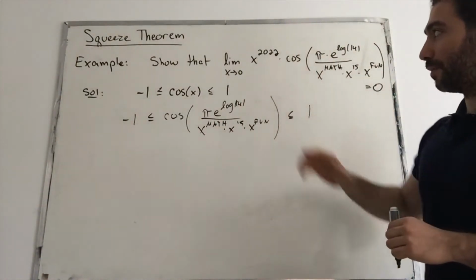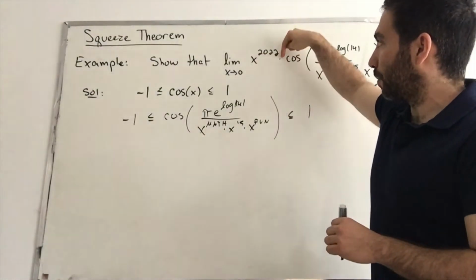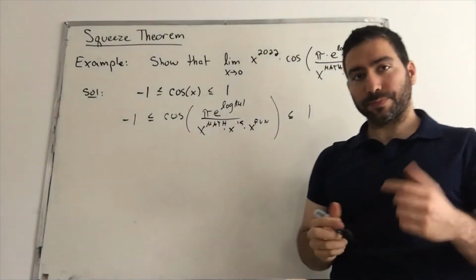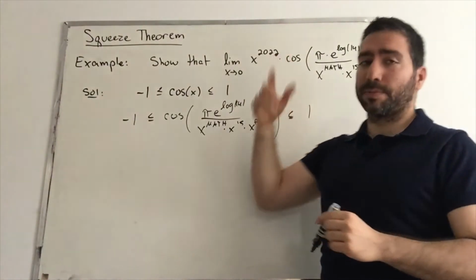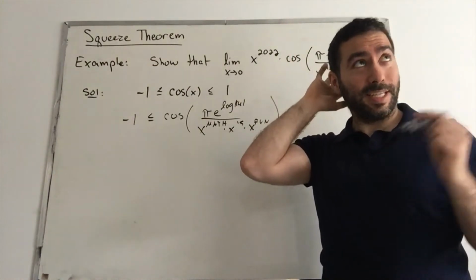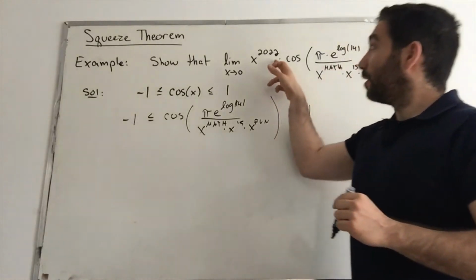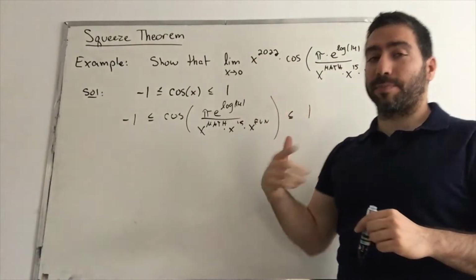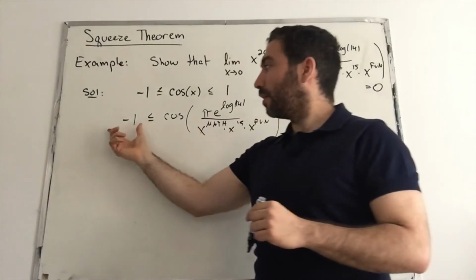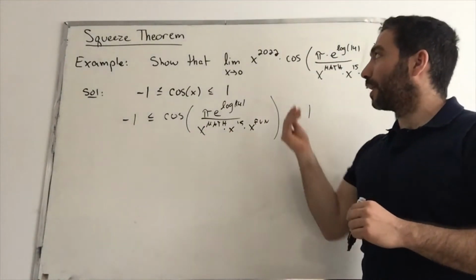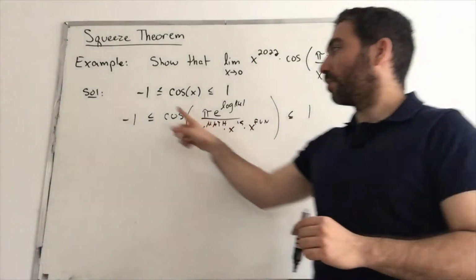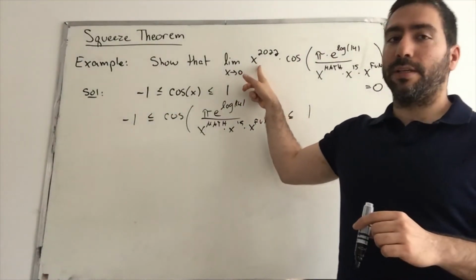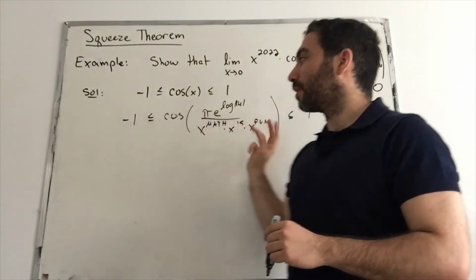The next piece that we have to deal with is the multiplication of x to the 2022. So x to the 2022, since the exponent is an even value, means the whole number here is positive. So we're going to just multiply all three sides by x to the 2022. And notice that we're working with inequalities, so since this cannot be negative, we don't have to worry about switching the signs.